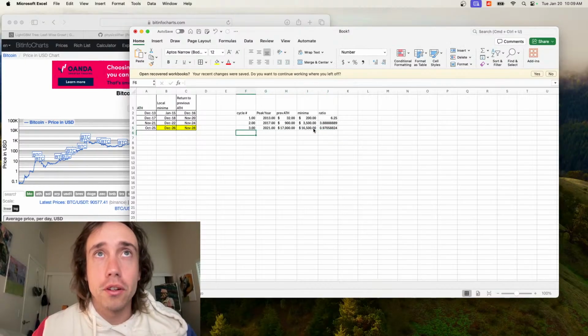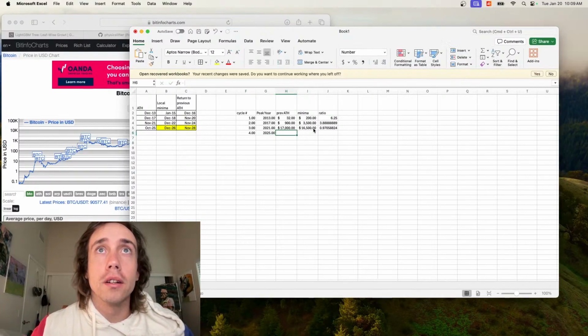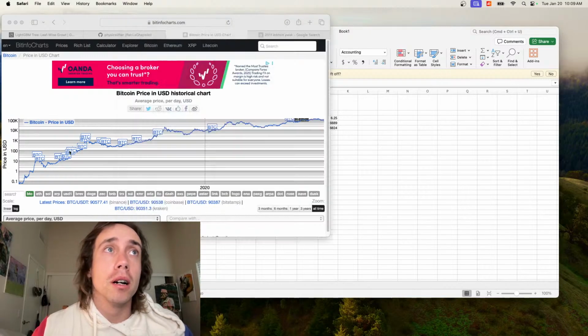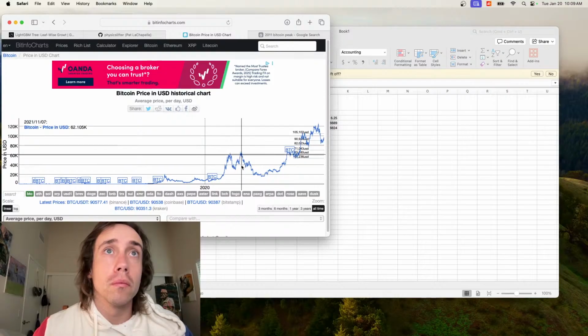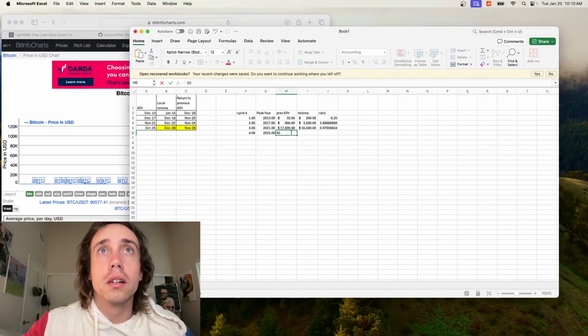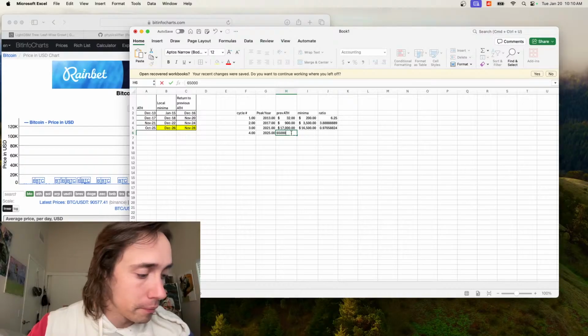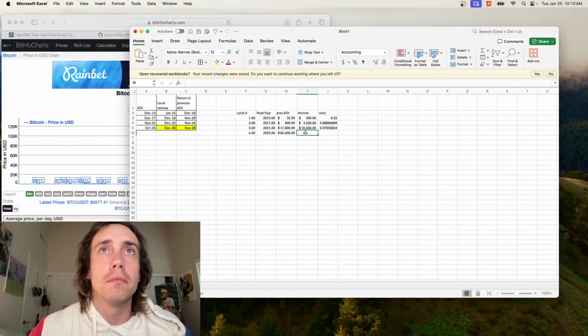Slightly under 1. Now cycle 4. Peak year is 2025, end of last year. Previous all-time high was 69,000. Okay, we'll call it 65,000 because 69,000 was like a flash in the pan. And then the minima is a question mark.